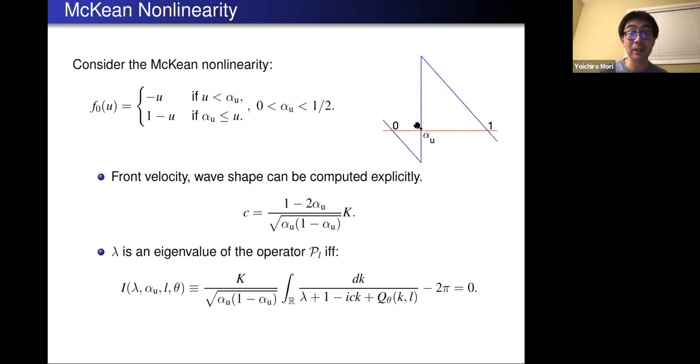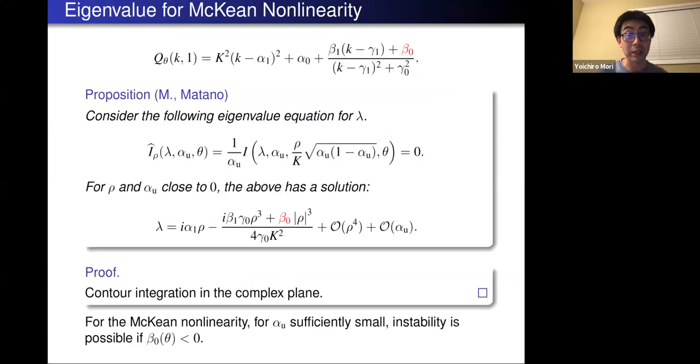And for this McKean nonlinearity, it is possible to compute many quantities completely explicitly. So for this, we can study the spectral properties of the planar front in detail. And here, what we can actually show is the following.